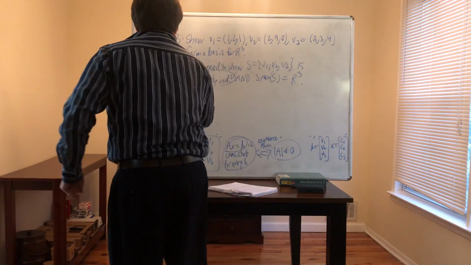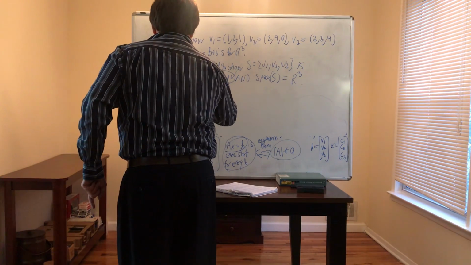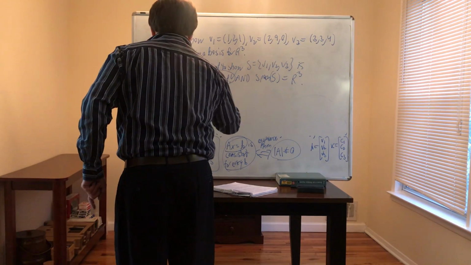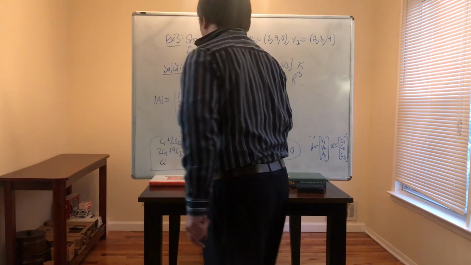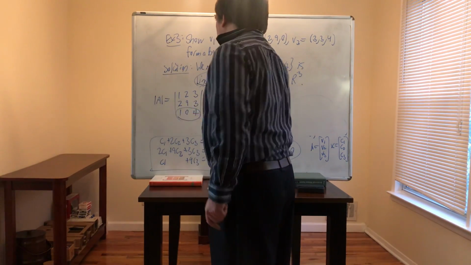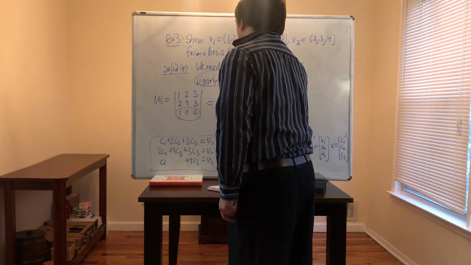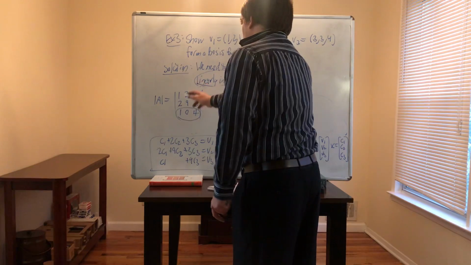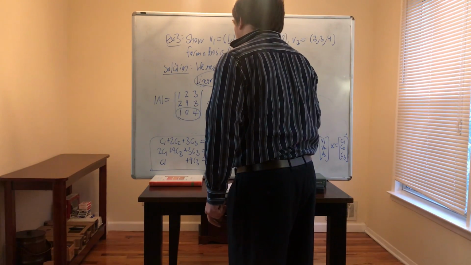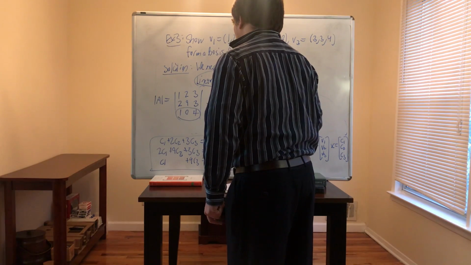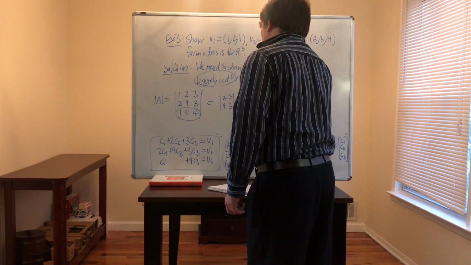And so the determinant of A here is equal to the determinant of the coefficient matrix there. I'm going to take the cofactor expansion along the third row, so it's the determinant of this guy plus 4 times the determinant of that guy.